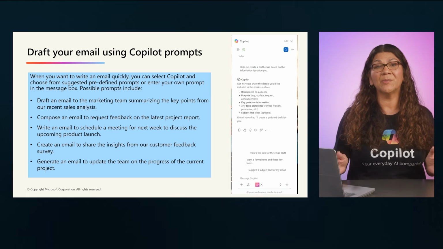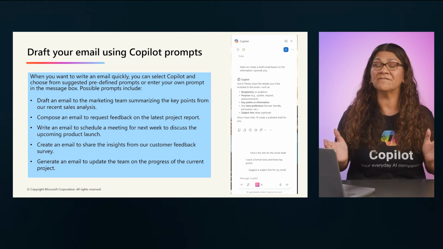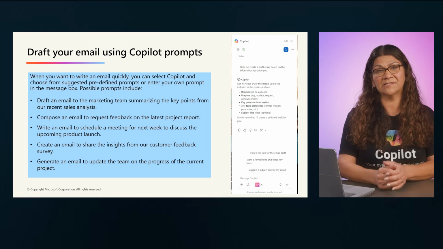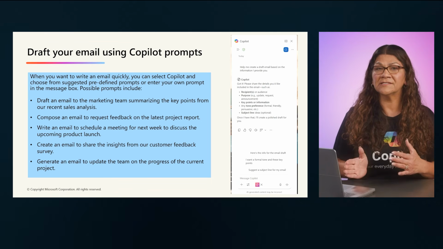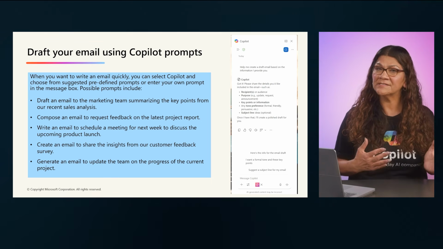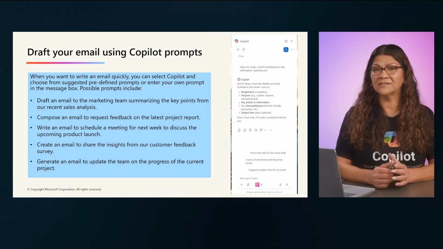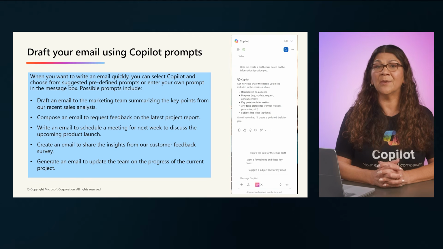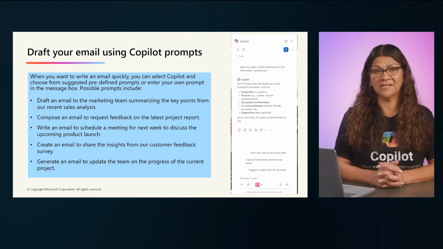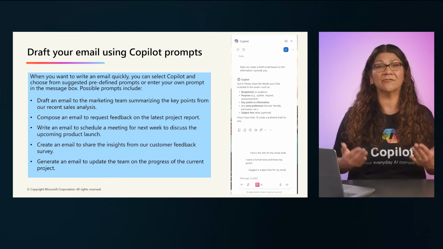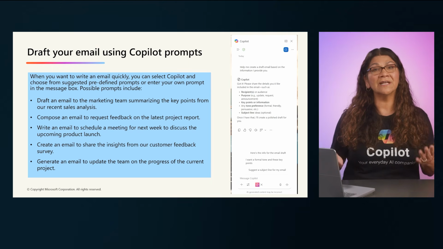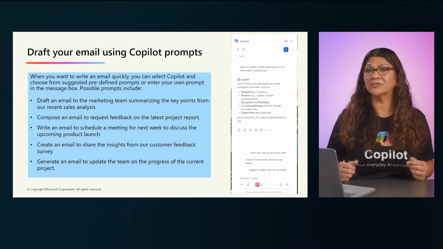Drafting emails with Copilot in Outlook is designed to be fast, intuitive, and flexible, helping you move from idea to polished message with minimal effort. You simply start a new email and begin typing, and Copilot immediately analyzes the context to suggest relevant phrases, sentences, or even full paragraphs that match your intent.